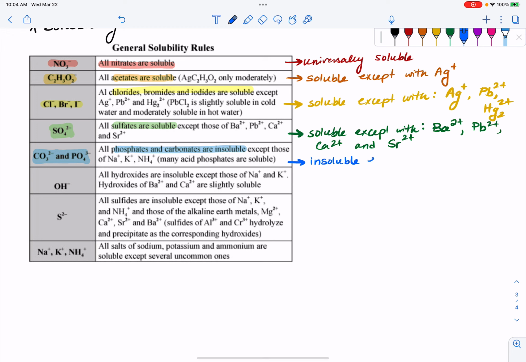So these are insoluble, except with some H pluses and our other universally soluble cations, which are our group 1A cations and the ammonium ion.